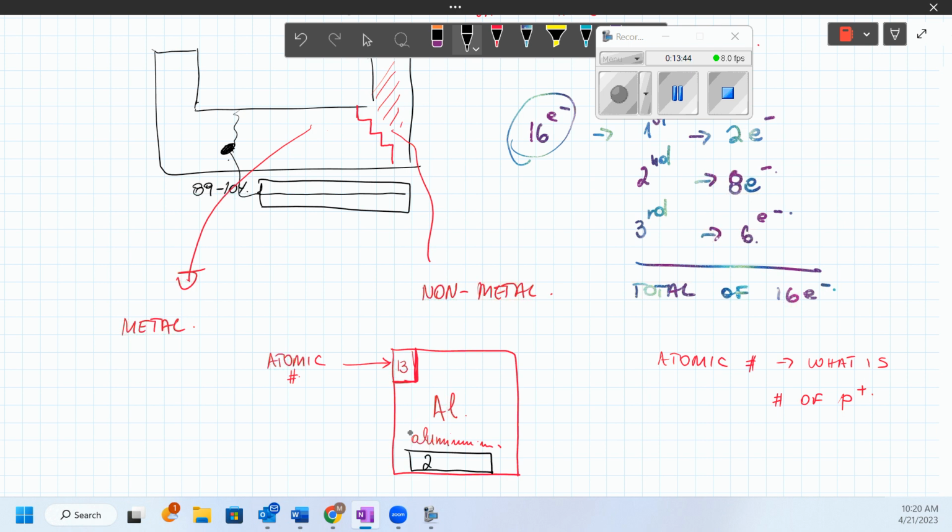For aluminum in our case it is 26.98, and this number is known as the atomic mass. The atomic number is always a whole number, because you cannot have 0.5 protons in a nucleus. The atomic mass is a decimal number.